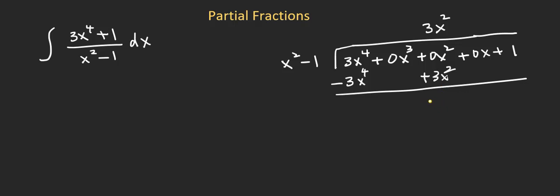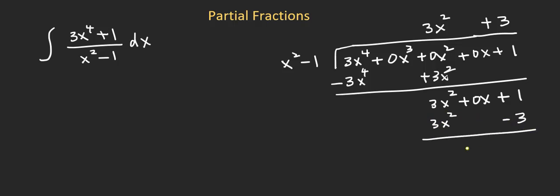And then you get 3x squared plus 0x plus 1. So x squared times what is 3x squared? That's plus 3. So you end up getting 3x squared minus 3. So you have to change the sign, add them up, you get 4. So 4 is our remainder.